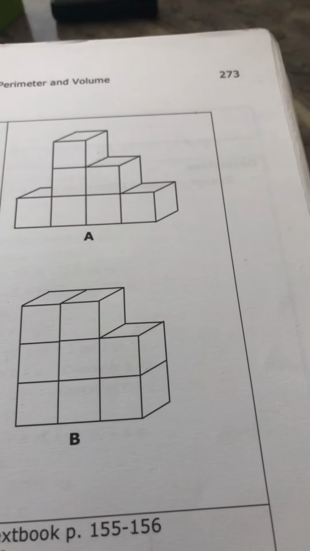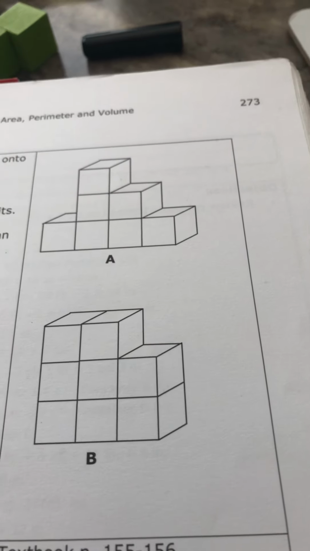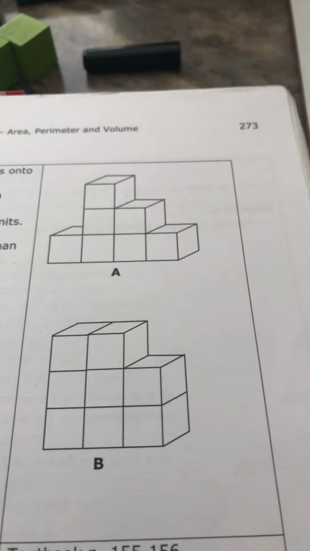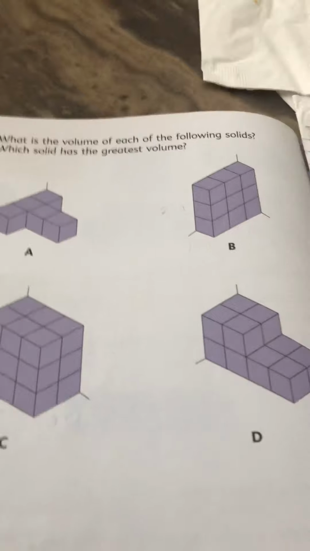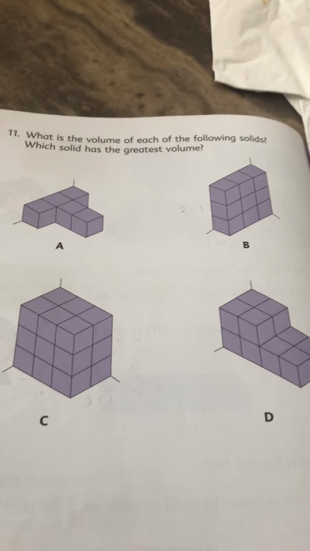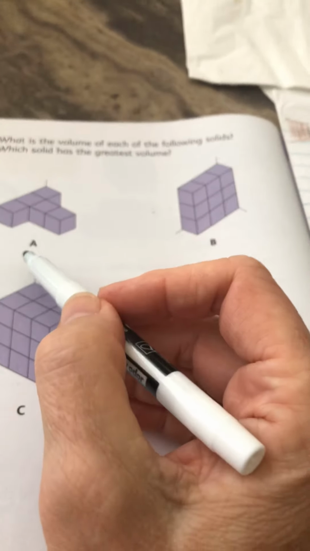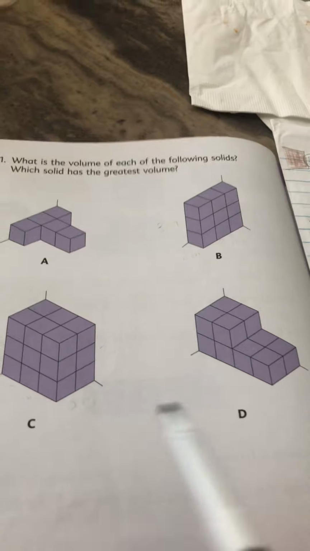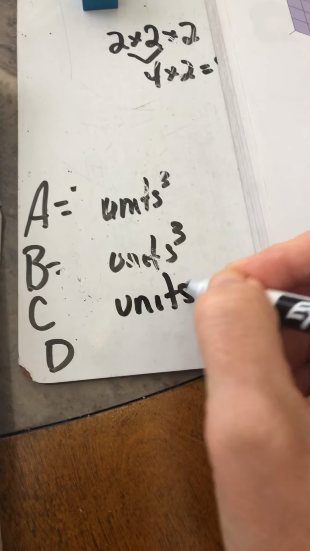Hopefully you do. Okay. Now I'm on page 156 in your textbook. And it looks like this. So we're going to figure out what the volume of each of these is. So if you want to stop and on a sheet of paper write A, B, C, and D, I've written them here, and they're going to be equal to units cubed.